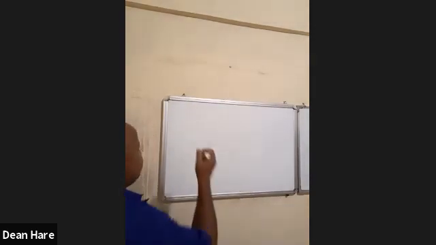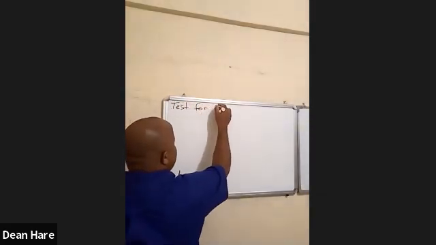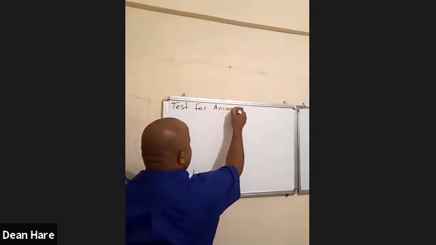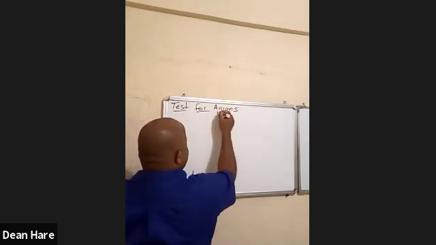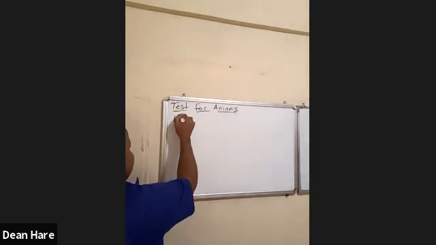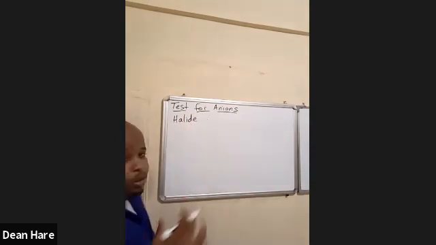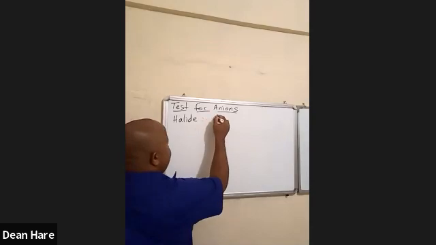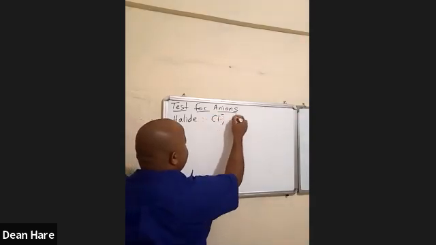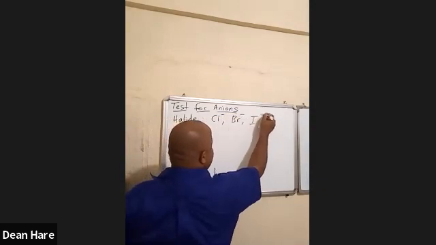So the anions that you will have to know, you will have to know the halide ions. Halide means halogen, which is group 7. So you will need to know the chloride ion, bromide ion, and iodide ion.